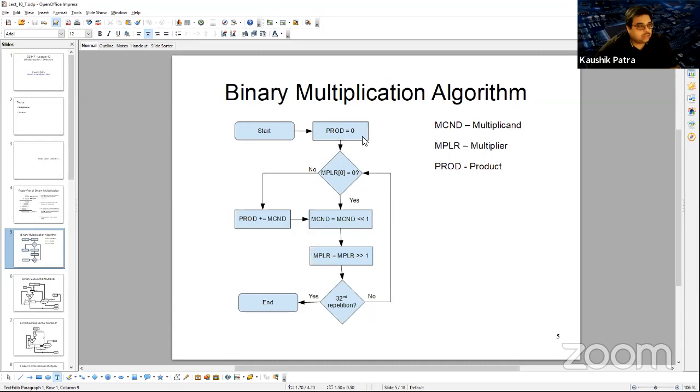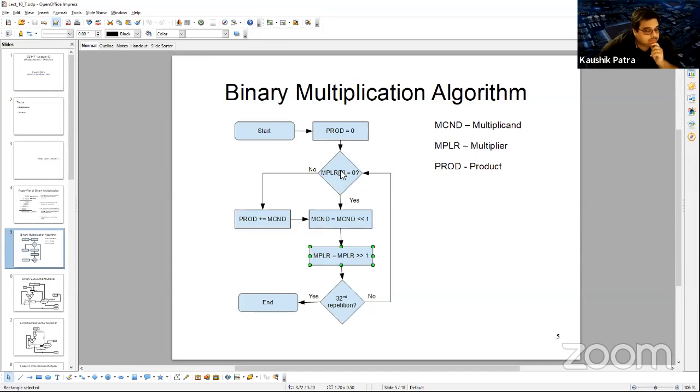Algorithm wise, you assign the product register to 0, and then you check the LSB of the multiplier. If it is 0, then don't do anything. Just shift the multiplicand 1 bit to the left and the multiplier 1 bit to the right, and then repeat the loop 32 times.